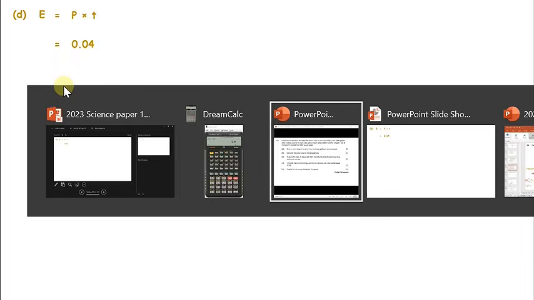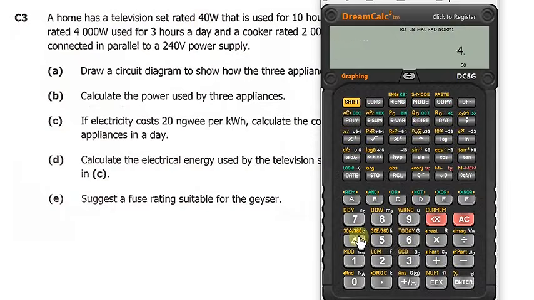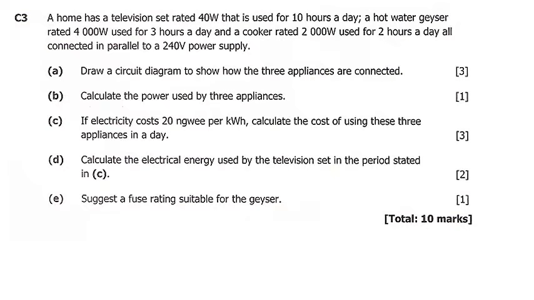So this power is actually 0.04. I've changed it because when you check here, the television is using 40 watts. So that 40 watts, I changed it to kilowatts by dividing by 1000, which gave me 0.04. So that is what I did there, so that you don't get confused.